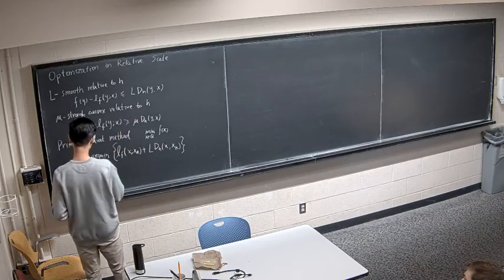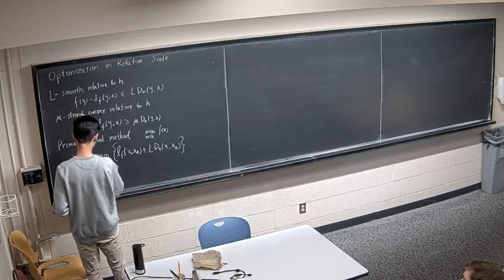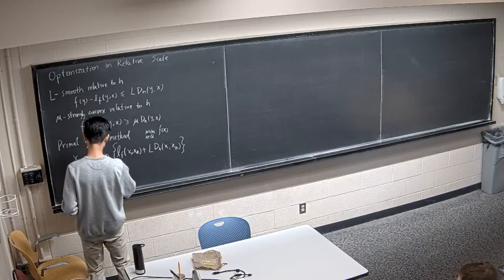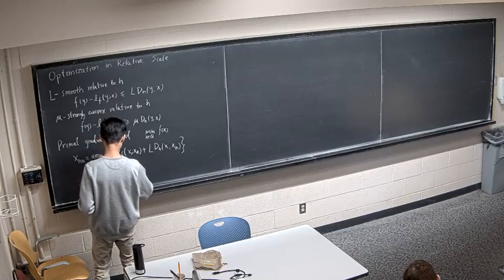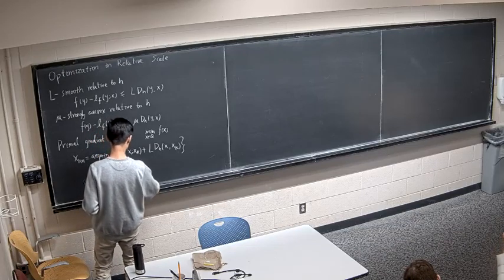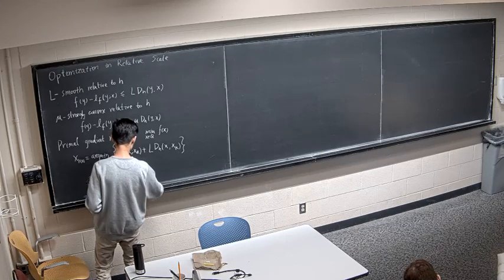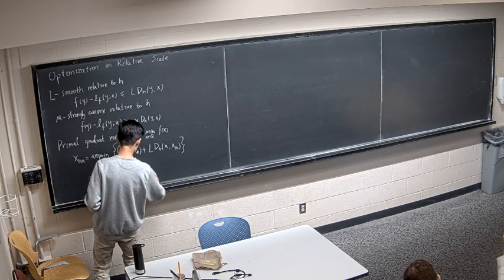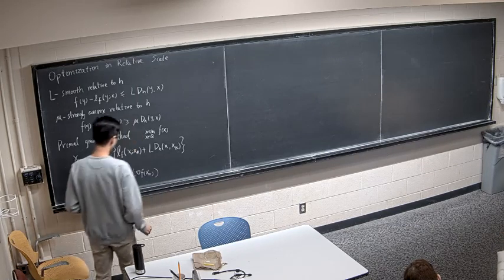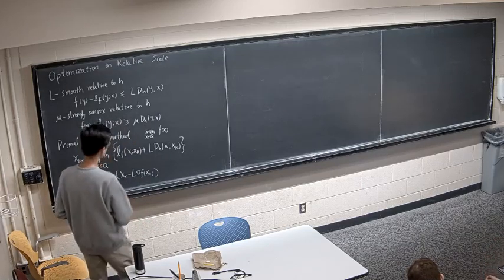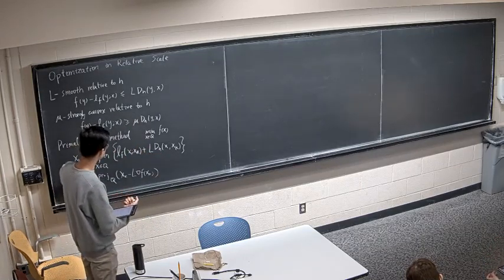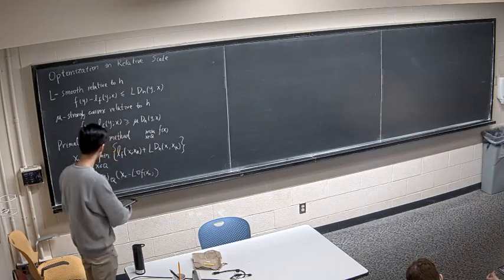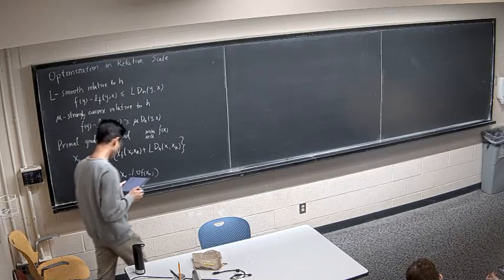That is the projected gradient step. But when h is not the Euclidean distance, we need to solve it case by case. It depends on what h is. So let's see two examples.